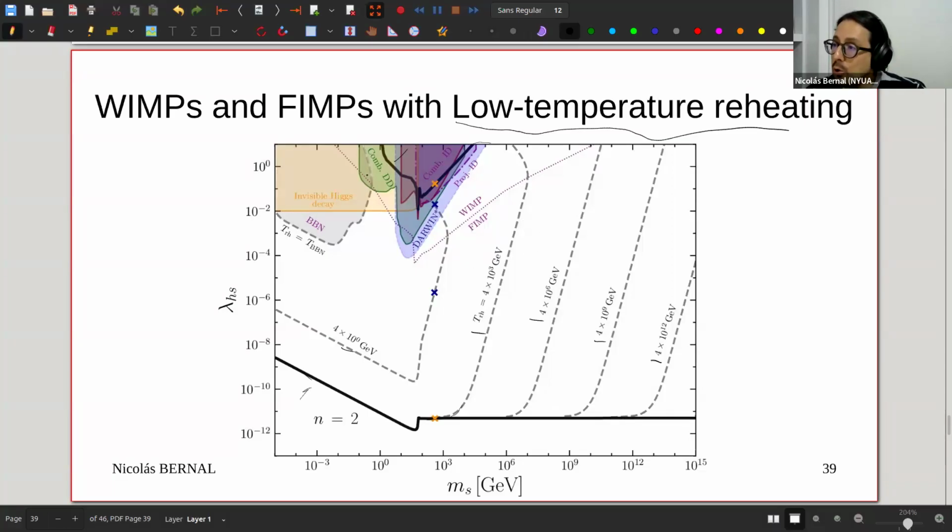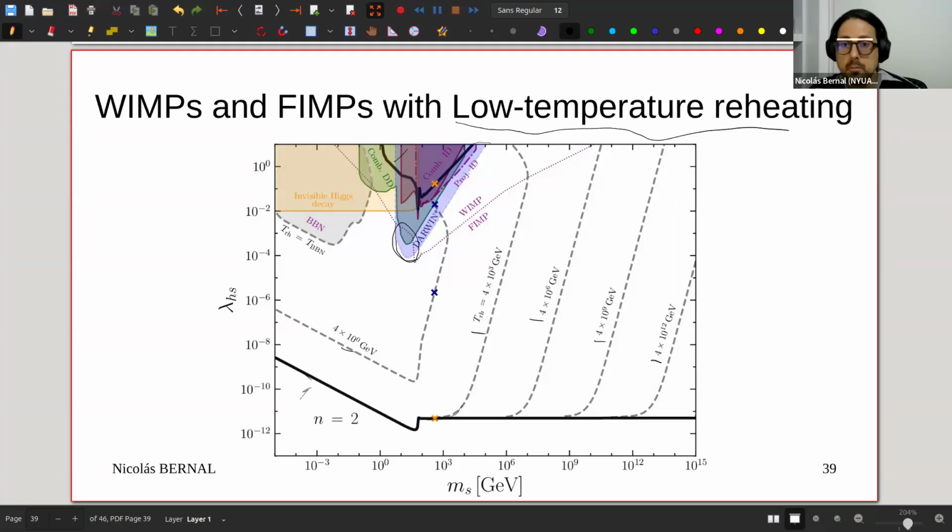So you can see that current constraints are already testing large parameter space that is favored by low temperature reheatings. And we're also testing, for instance, this chunk of the parameter space, we're also testing the FIMP paradigm with low temperature reheating, right? That's very interesting because direct detection is already testing and excluding chunks of the parameter space favored by the FIMP mechanism.